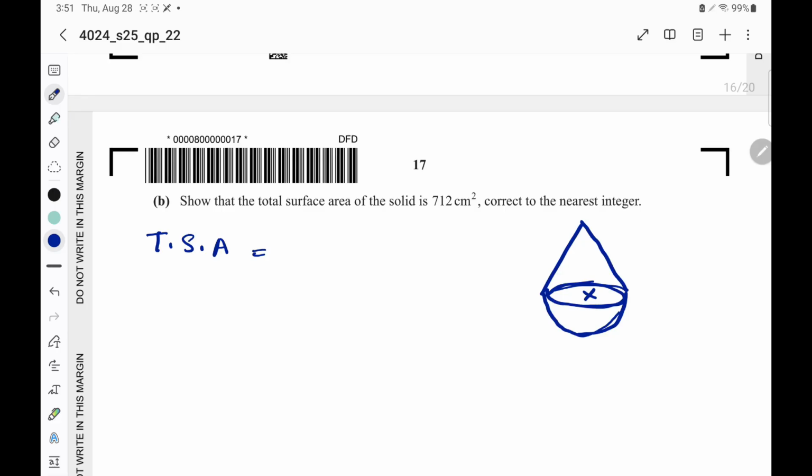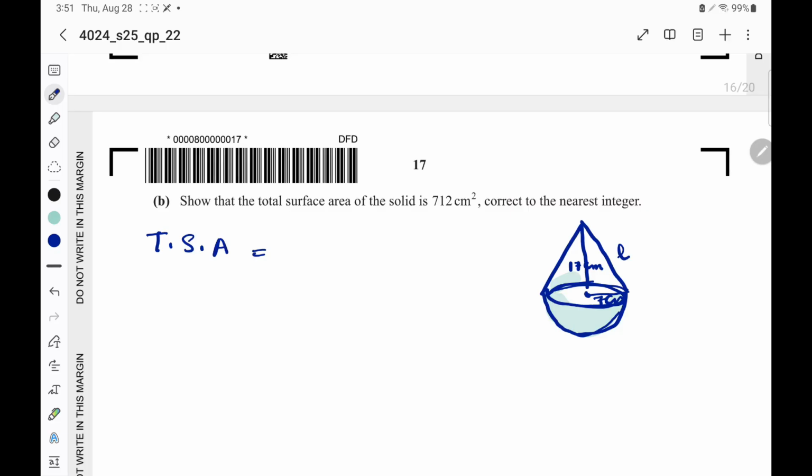So what do we do? We just calculate the curved surface area, which is pi r L, and the curved surface area of the hemisphere. So you know that the radius is equal to 7 centimeters, and the height we have already calculated is 17 centimeters, and this is your L, okay?